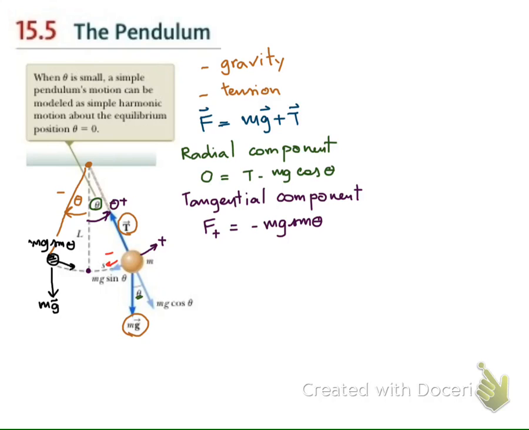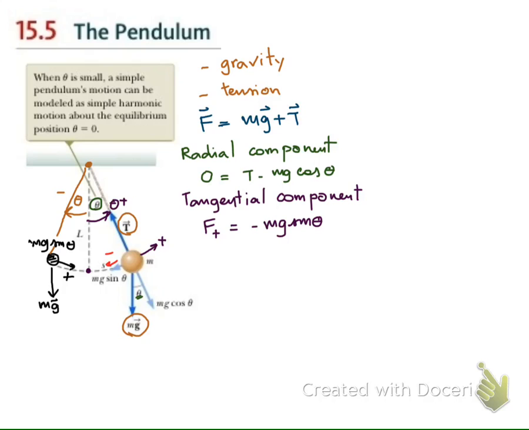Let's change the definition of positive and negative a little bit. We define the positive not as the direction pointing away from the equilibrium point, but as the direction pointing to the right of the equilibrium point.